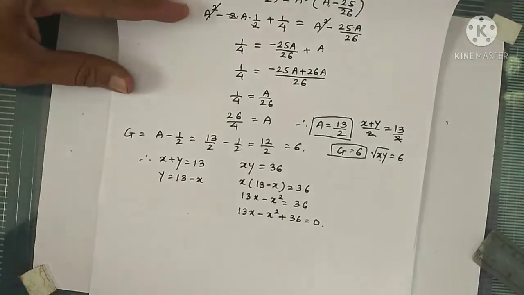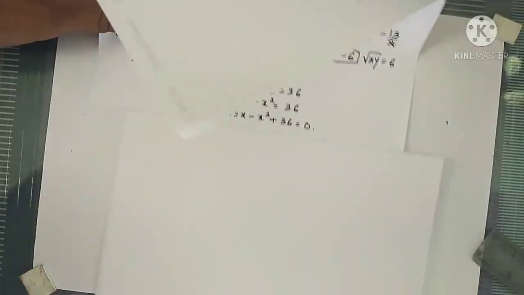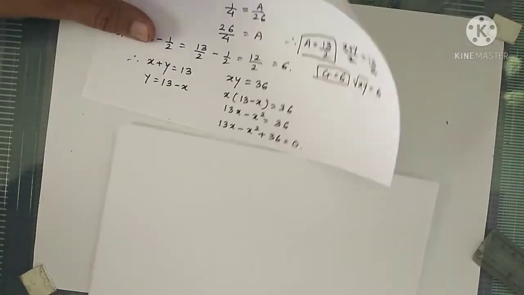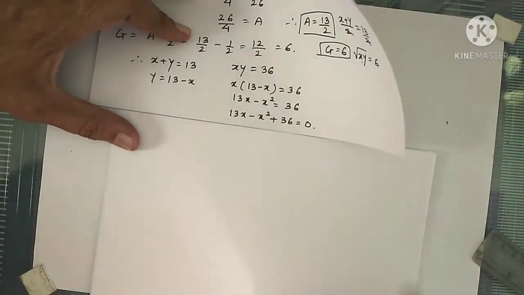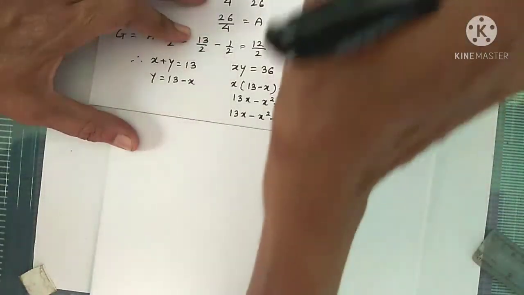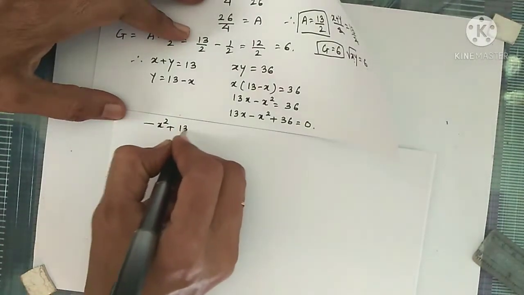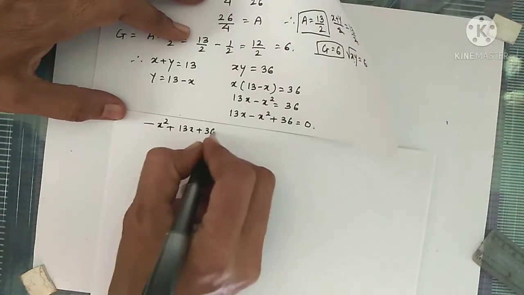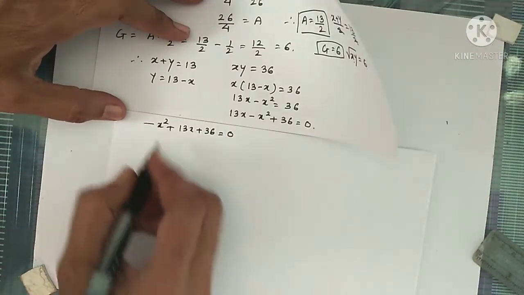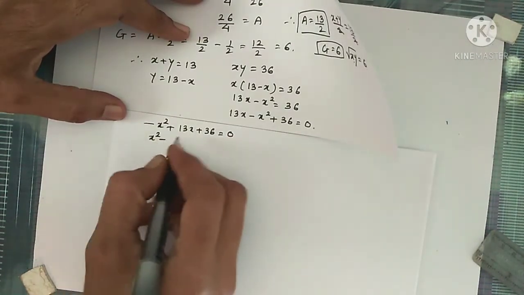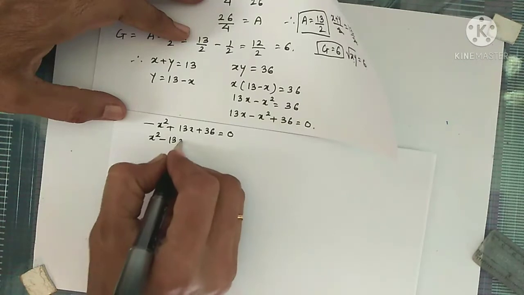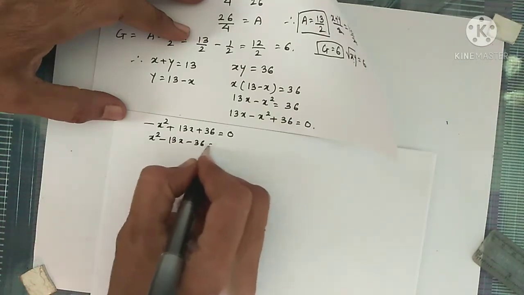Now let's write this equation with higher degree term first. So that is minus x square plus 13x minus 36 equal to 0. So to make this x square positive, change sign of all the terms.